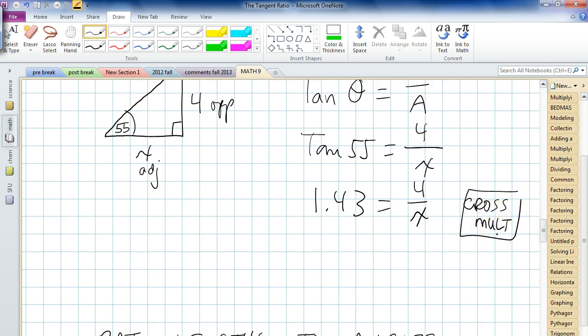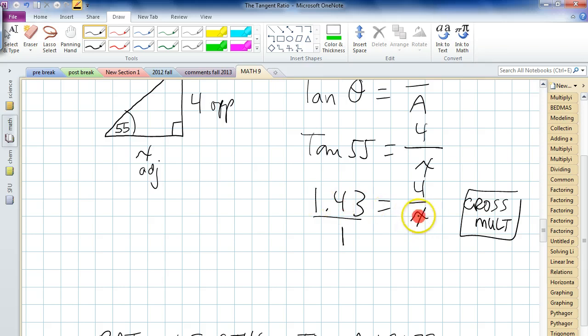Here's how cross multiplying works. If you've got a fraction, or a thing in the denominator, and on this side you don't, what you can do is turn any number into a fraction. How do you turn any number into a fraction? You put it over 1. And you crisscross multiply.